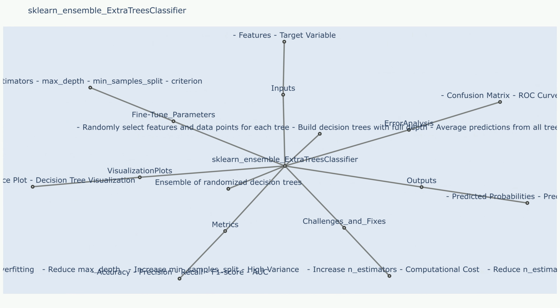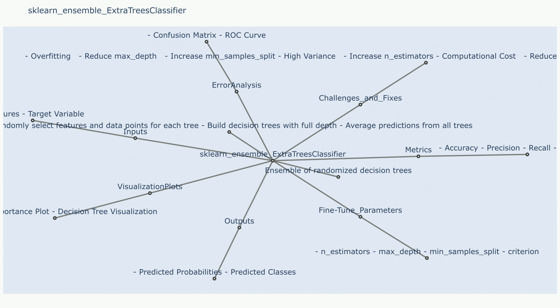Overfitting. If the trees are too deep or the number of features is too high, the model may overfit to the training data. Sample use case that resulted in challenge 2: training an extra trees classifier on a dataset with a high number of features and a limited number of samples. Fixes to challenge 2: use a smaller number of features.